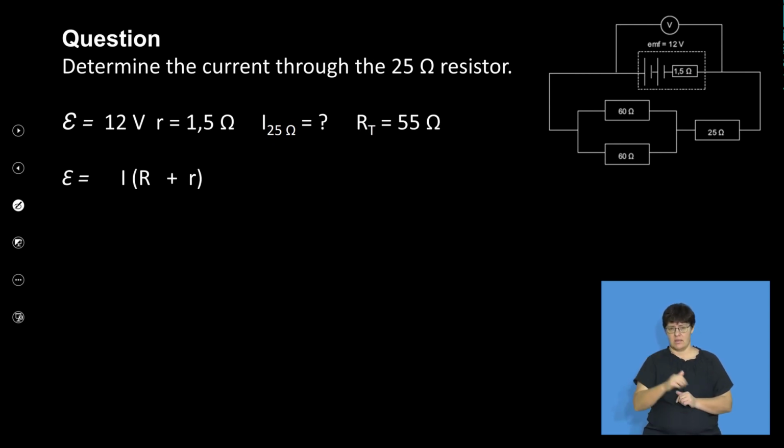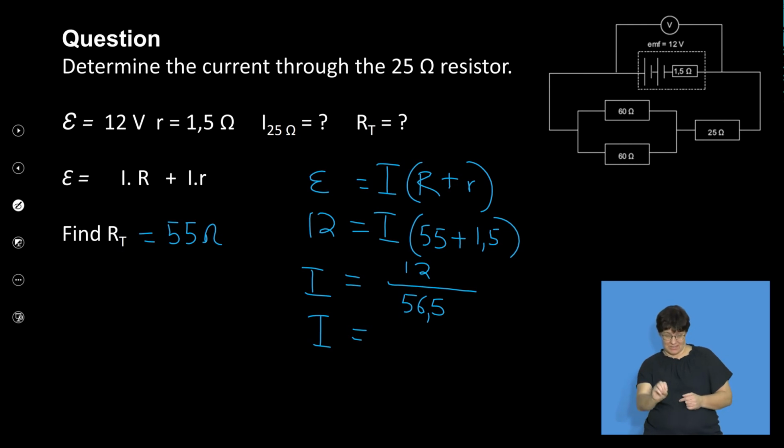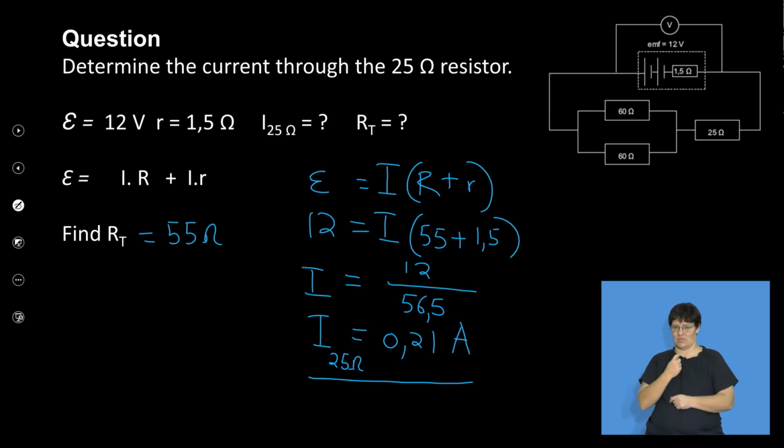So the value of current is 0.21 amperes. It should be to 2 decimal places unless otherwise specified. This is the total current in the circuit, which is the same as the current that goes through the 25 ohm resistor, because that's what the question required of us.